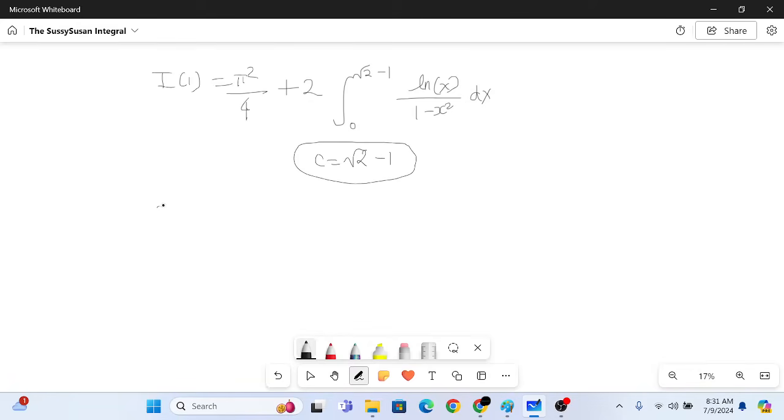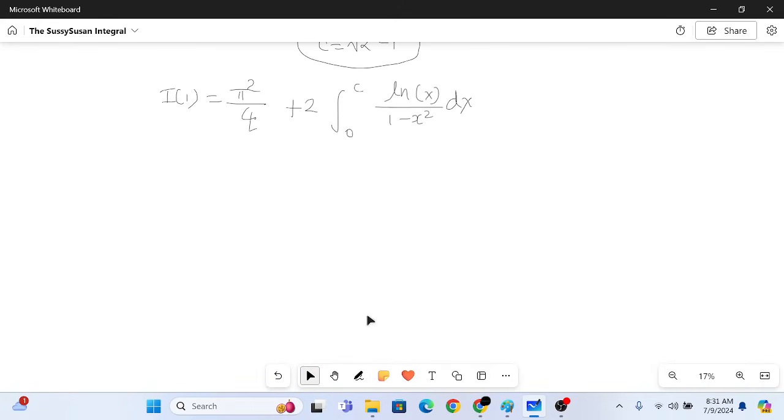So I of 1 is equal to pi square by 4 plus 2 times integral from 0 to c of ln x by 1 minus x square dx. Now let us try to break this into partial fractions so that it will be easy.